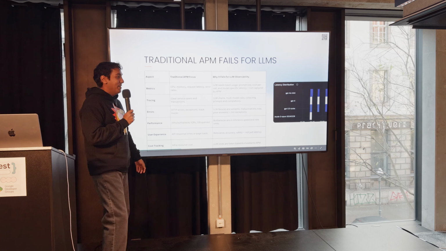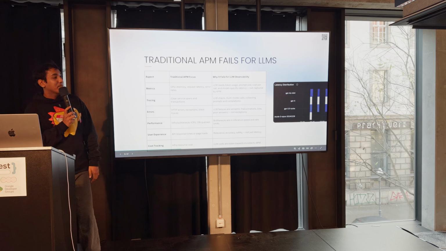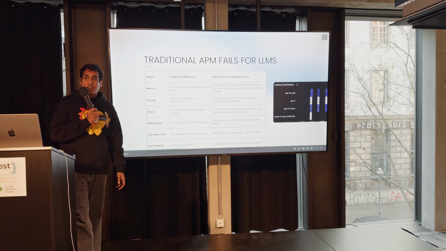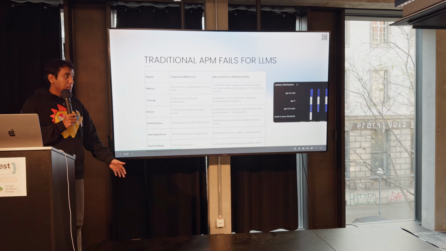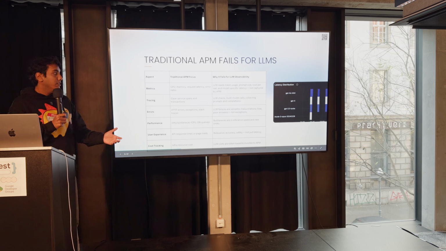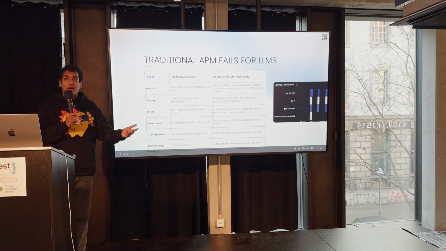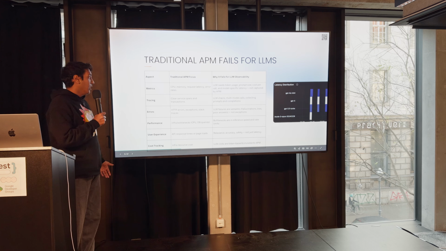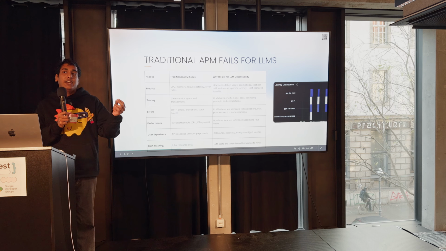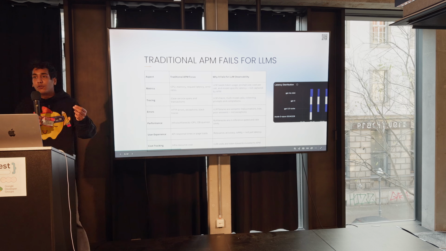Sorry. All right. A lot of us have built applications, I would assume. In a classic application, let's say a web page, we want to see how much CPU and memory the web app is using. We want to see if there are any HTTP errors like 403, 404, 405.